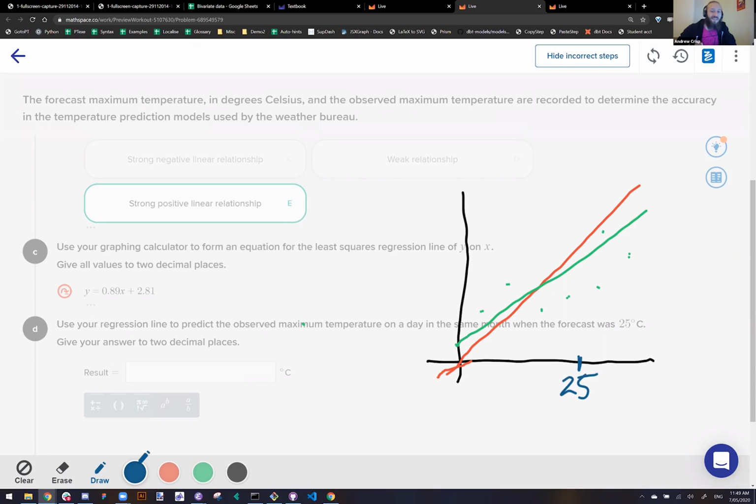I don't actually think that it's going to be 25 because I think you overestimate hot temperatures. So instead, when I go up to here and go across to there, the value I find on this axis is going to be my prediction based on your prediction.